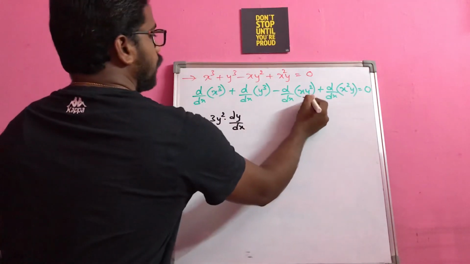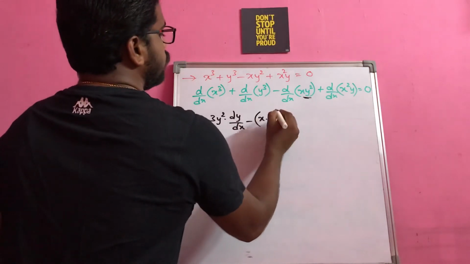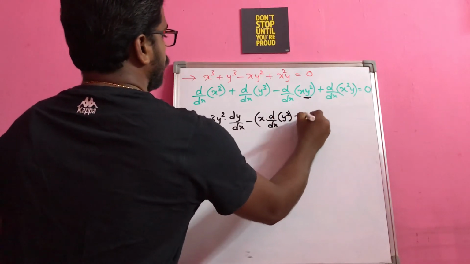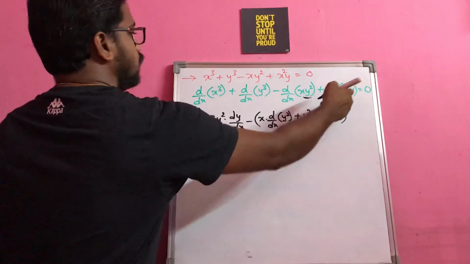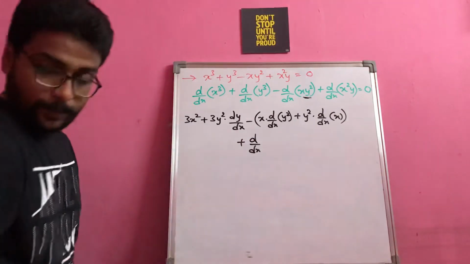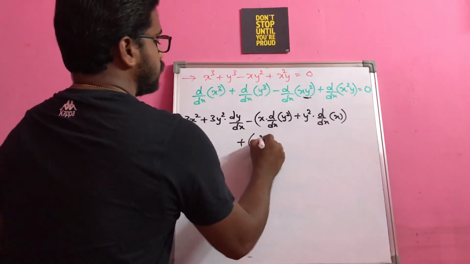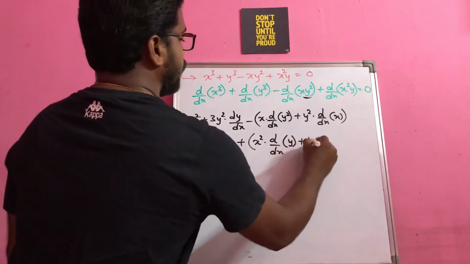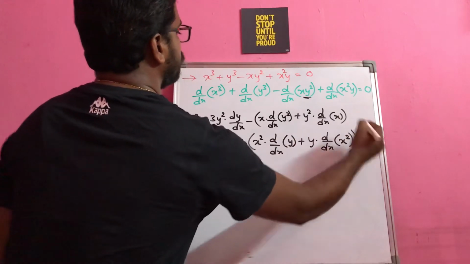This is a product of two functions, so use the UV rule. So x into d by dx of y square plus y square into d by dx of x, and then plus, again here a product function, apply the UV, so x square, keep it as it is, d by dx of y, plus y, let it be as it is, d by dx of x square is equal to 0.